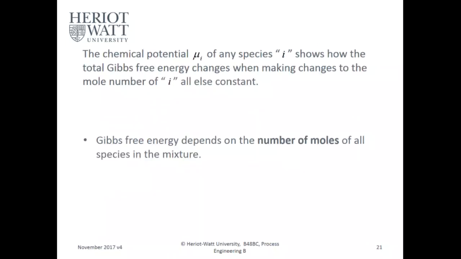The chemical potential mu i of any species i shows how the total Gibbs free energy changes when making changes to the mole number of i, all while the rest are kept constant.